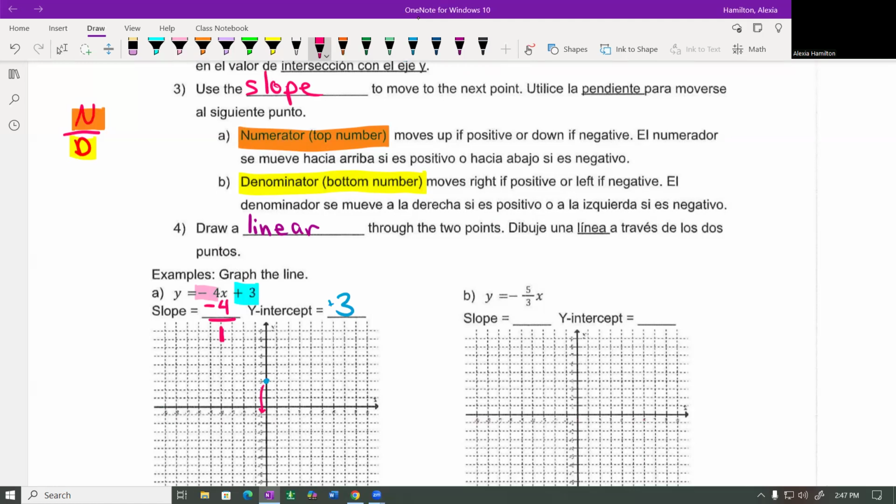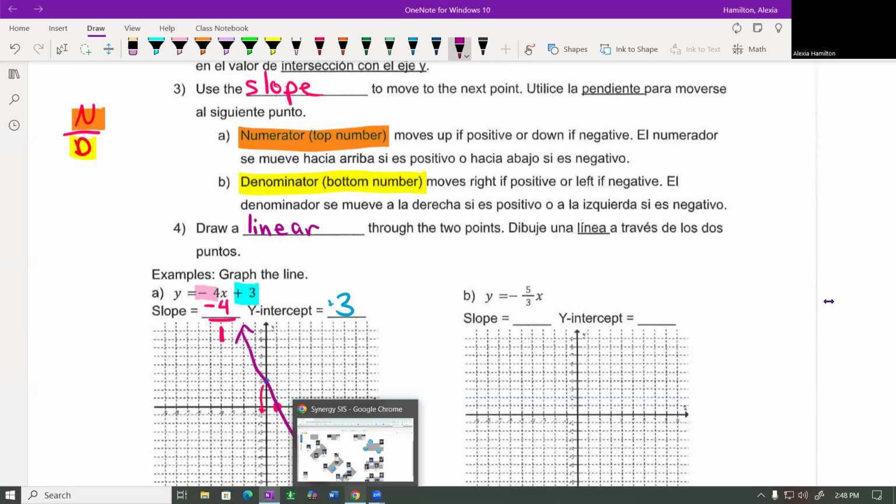My 1 in the denominator is positive. So down 4, right 1, put a point. And then I would draw a straight line, or as straight of a line as possible, through the 2 points and put arrows at the end, because lines go on forever and ever in both directions.